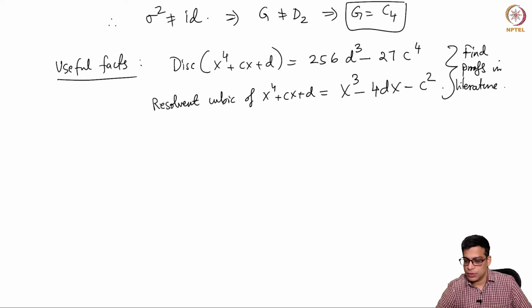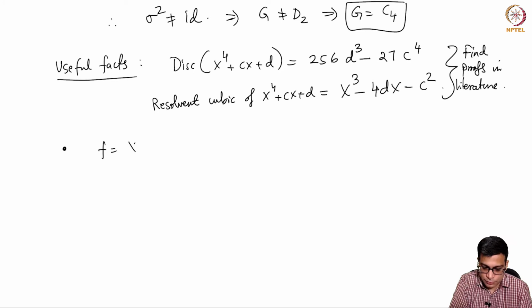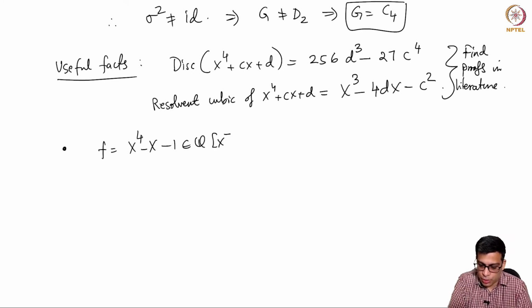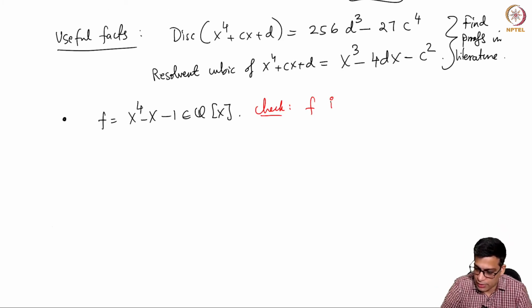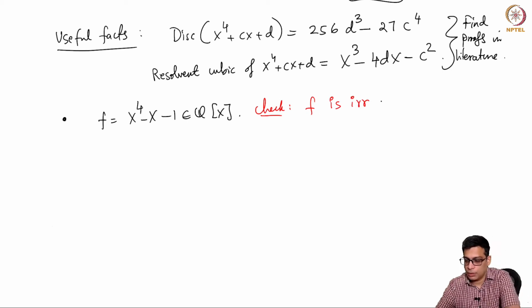Okay, so now using this, I want to consider this polynomial as a rational polynomial. And again, I want to quickly move on to the next problem, so I will let you check this. F is irreducible.